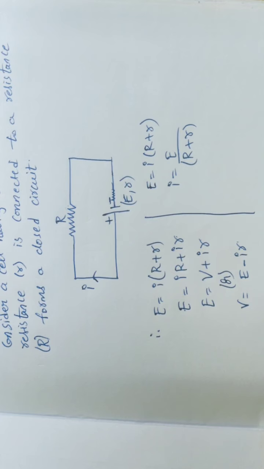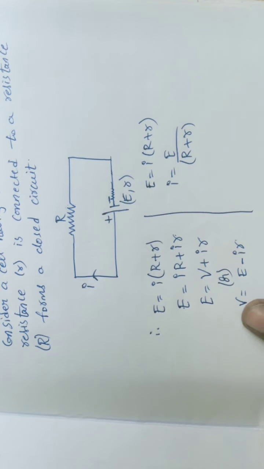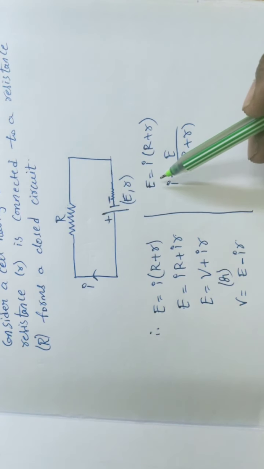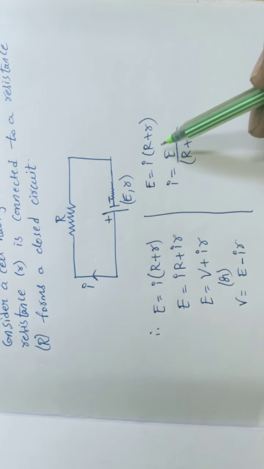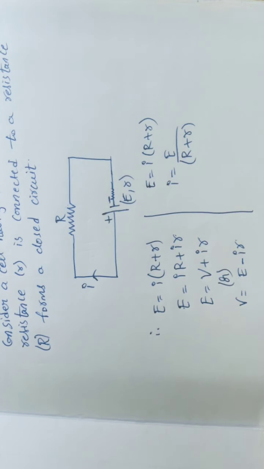This is the V value present in that circuit. Here capital E is greater than V. Now we want to find the current in that circuit. E is equal to I into (R plus r), so I is equal to E divided by (R plus r). This is the current flowing in the circuit.